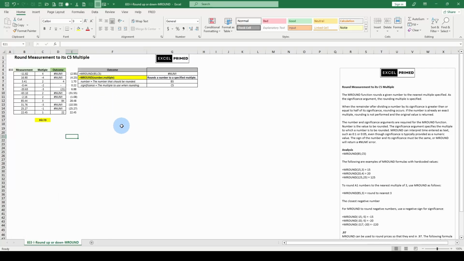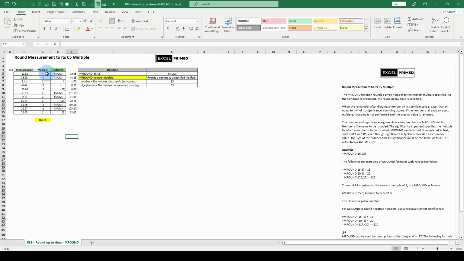We're going to use the MROUND to measure a whole bunch of different numbers and why some work and some do not. Here we have MROUND anatomy, and it says round a number to a specified multiple. The number that should be rounded, B5, and the significance. We have random numbers from -4 to 4.